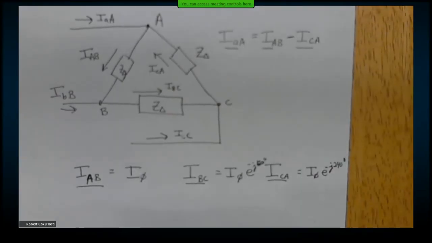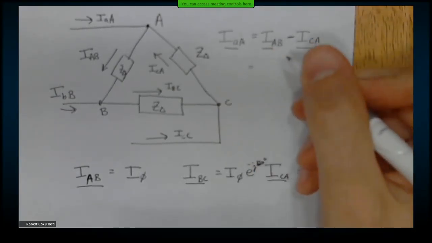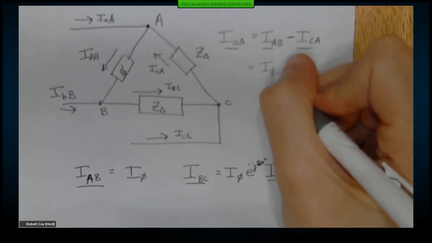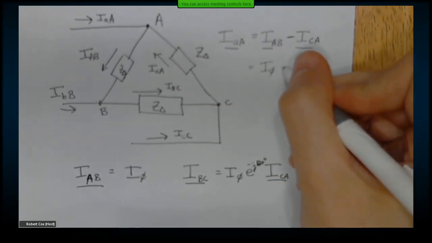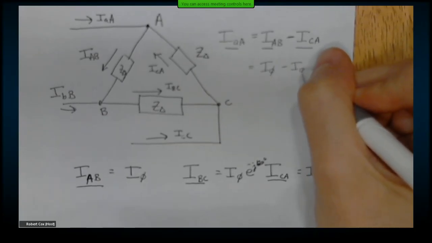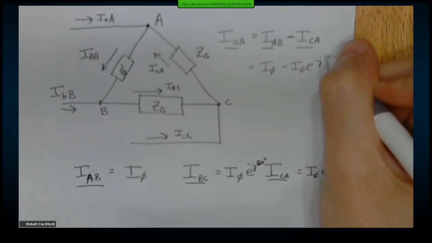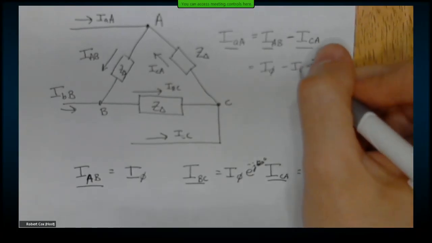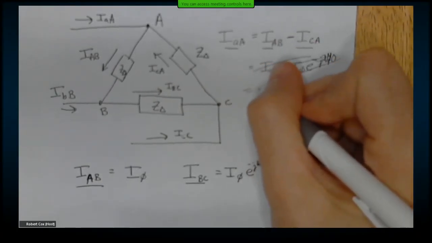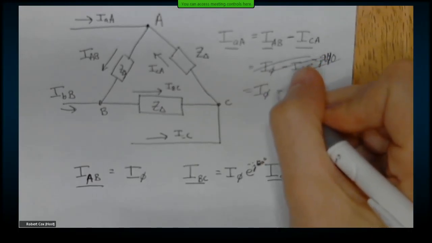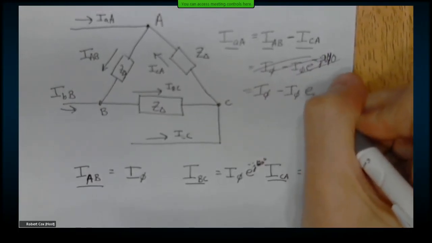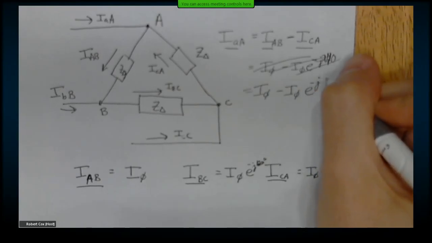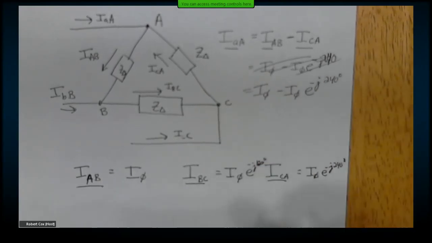So if I plug these in, IAB is I phi, and this one is I phi e to the minus j 240. That looks awful, doesn't it? I phi minus I phi e to the minus j 240 degrees.